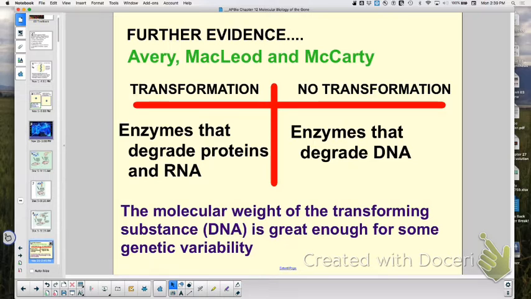And when you degraded the proteins and the RNA, you still got that bacteria becoming lethal. But when you used enzymes to degrade DNA, that R could not become lethal, because it was degrading the lethal S's DNA, and R's behaviors were not changed because R did not get any new genetic information.